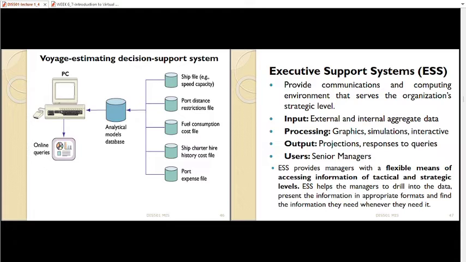It is able to analyze data. It is able to use mathematical algorithms to produce the kind of data that you require based on queries that you have given it. And therefore, where is it picking this information from? It's picking this information from different storage that we have, like the shipping files as given here: port distance, fuel consumption, ship charter, port, and all that.